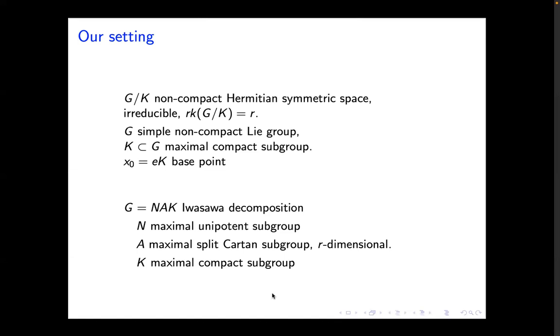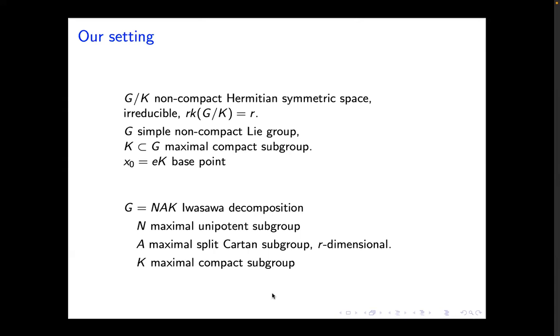So now if we fix an Iwasawa decomposition of G, it means that every element of G can be written as the product of an element in N, which is a maximal unipotent subgroup, A, a maximal split Cartan subgroup in G, R-dimensional, and K, the maximal compact subgroup.